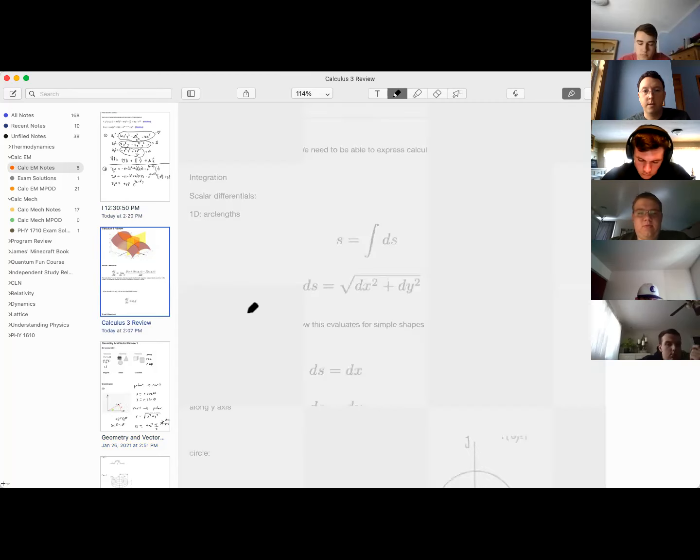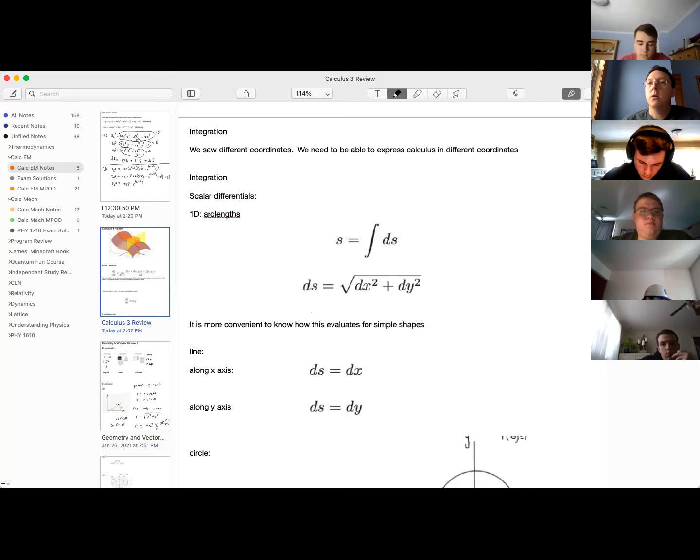Okay. So there are general formulas for these things for arbitrary coordinates. But again, we will focus on shapes which are lines, a hoop, so like a circle, or a disk, a 2D disk, or maybe an infinite plane, or if we're doing 3D things, a spherical distribution, or maybe cylindrical, but we don't do random shapes.